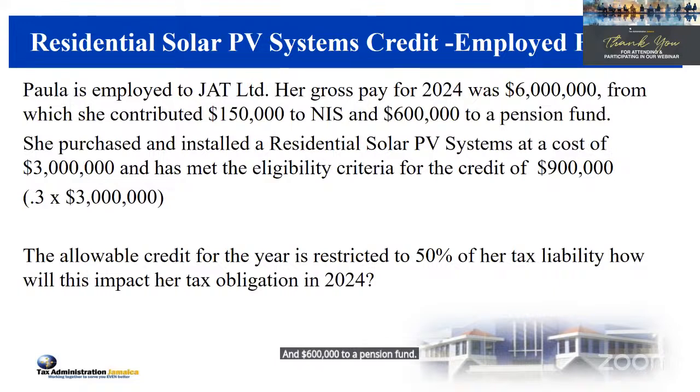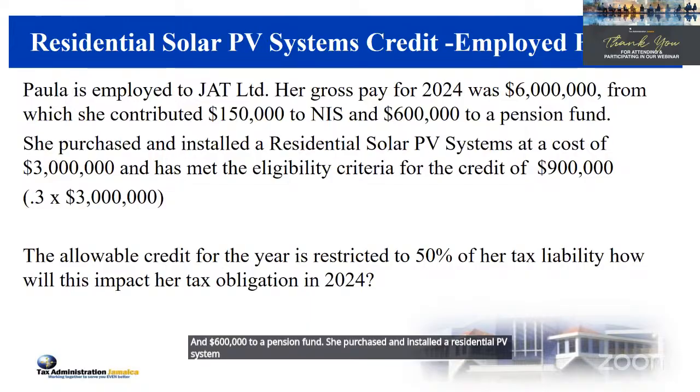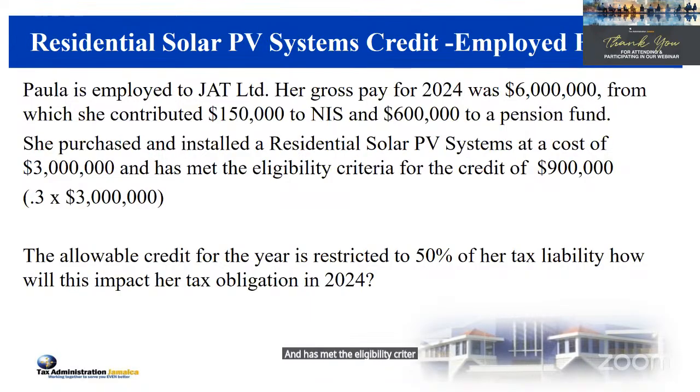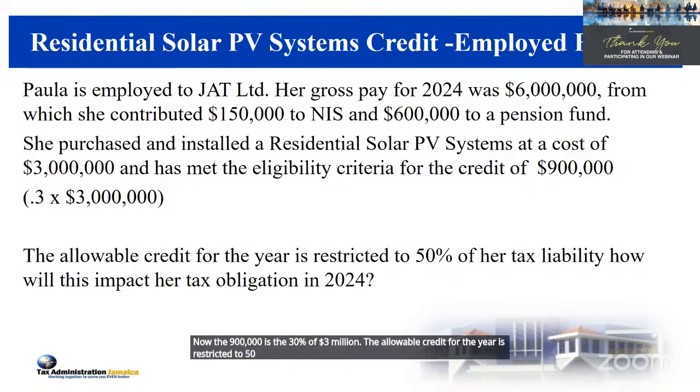She purchased and installed a residential PV system at the cost of $3 million and has met the eligibility criteria for a credit of $900,000. Now, the $900,000 is 30% of $3 million. The allowable credit for the year is restricted to 50% of her tax liability. How will this impact her tax obligation for 2024?